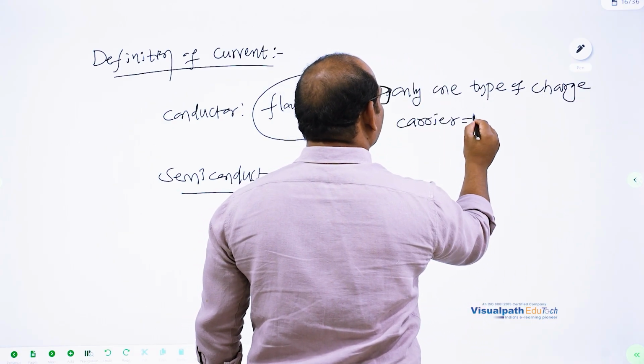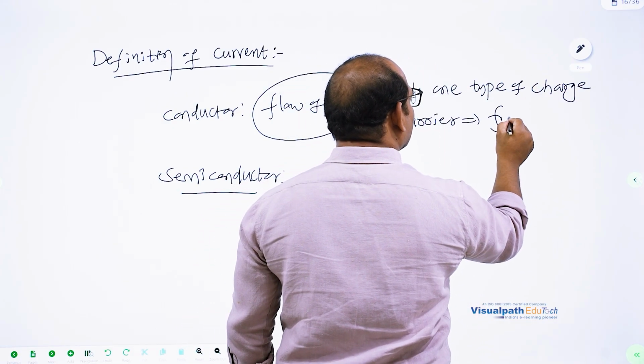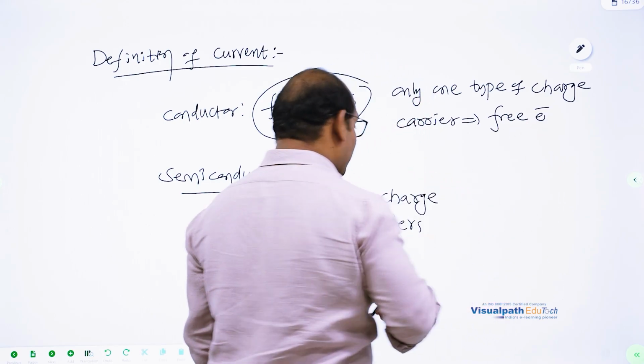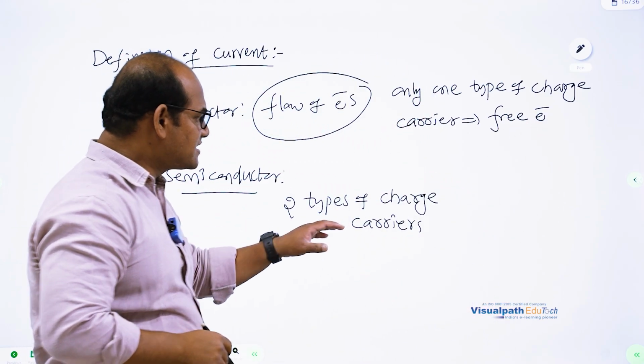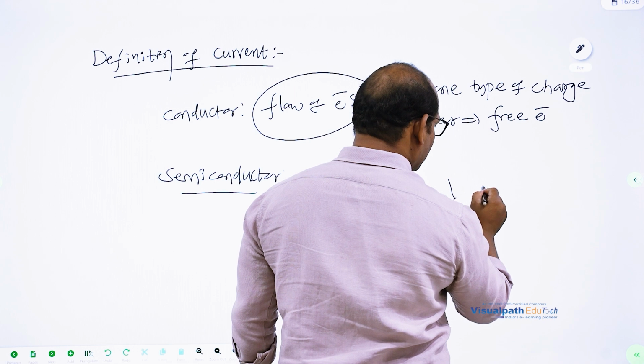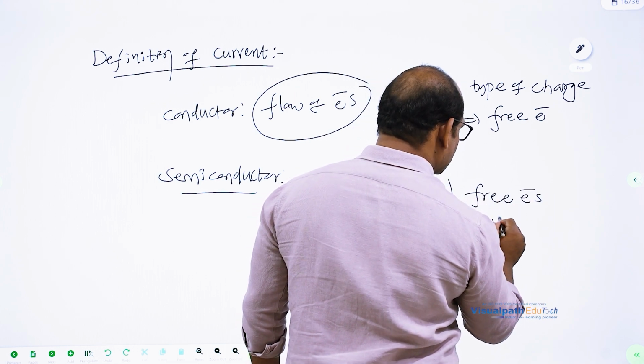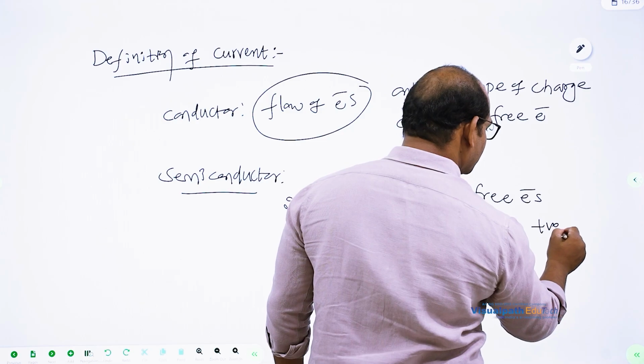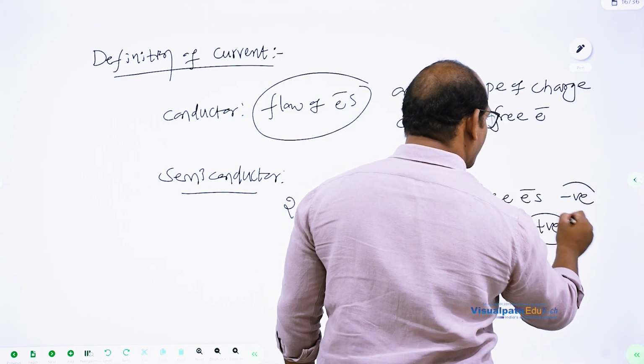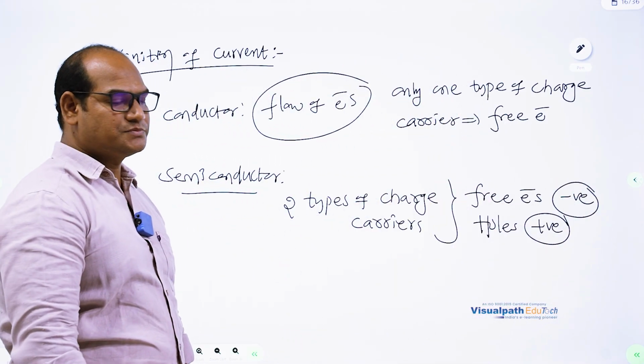In case of conductor, we have only one type of charge carrier, that is electron. But in case of semiconductor, we have two types of the charge carriers. Those are free electrons with the negative charge and holes with the positive charge.